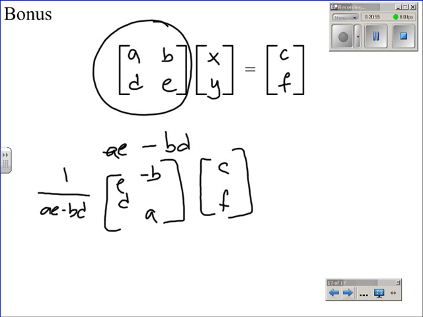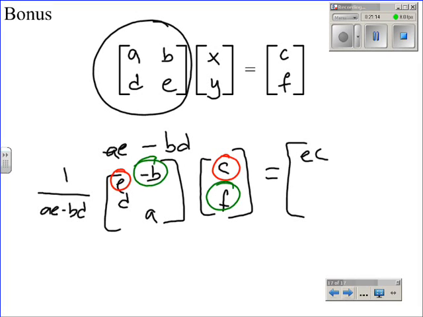The result for x is e times c plus negative b times f, or minus bf, all over ae minus bd.